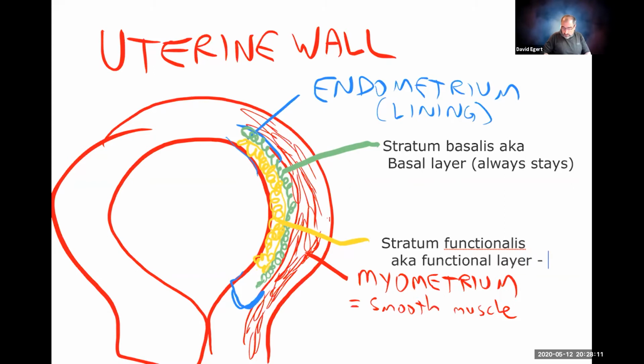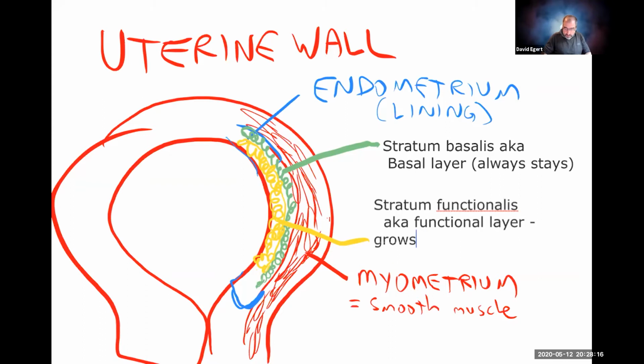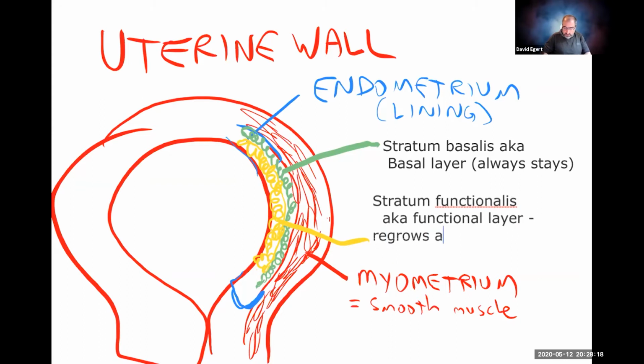It regrows at the beginning of the cycle and sloughs off at the end. So that's what menses is. The menstrual flow is when this functional layer is breaking apart, and it's a bunch of cells and blood and everything, and it all is just going to pour out the vaginal opening.